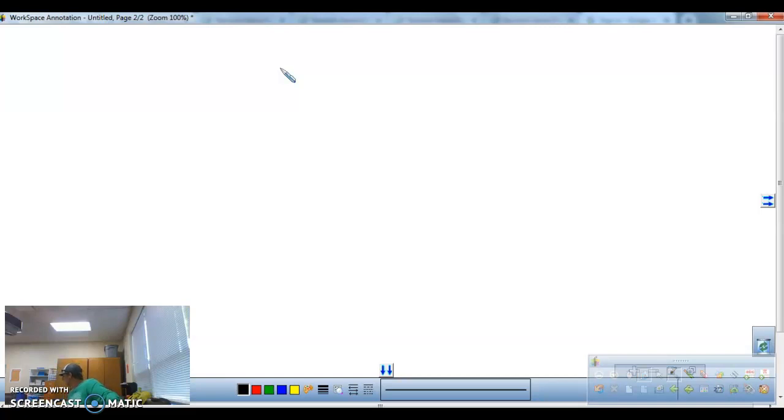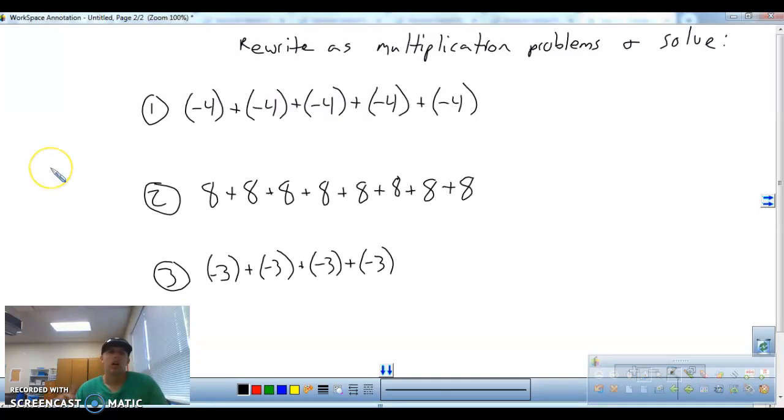Alright, okay, so you've got these 3 problems to do for homework to prove that you watched the video, and I want you to rewrite these as multiplication problems and then solve them. Okay, so right now you've got addition problems. So you've seen in the past how to rewrite an addition problem with the same number over and over again as multiplication. I want you to do that. I want you to solve, find the answer, and turn that into me.